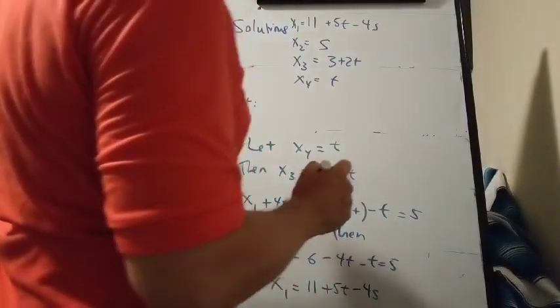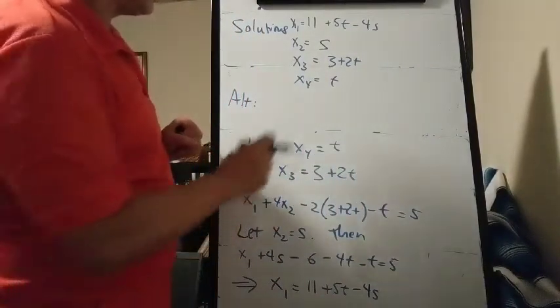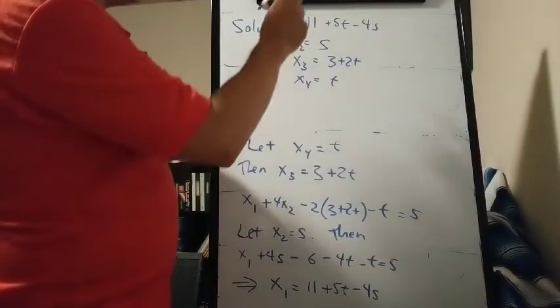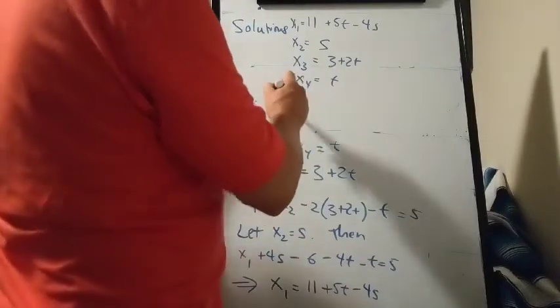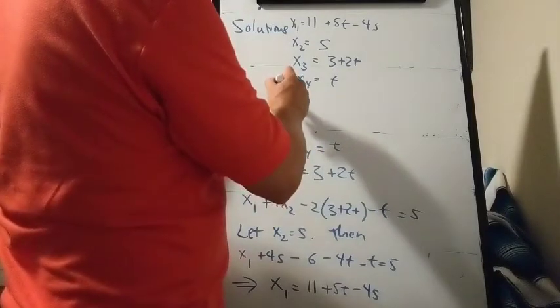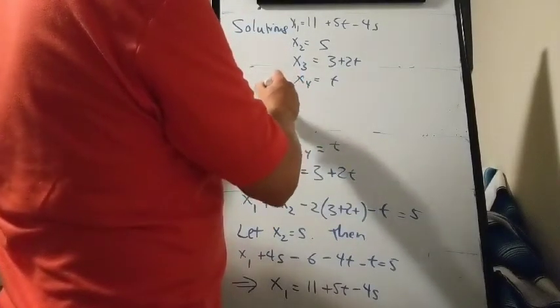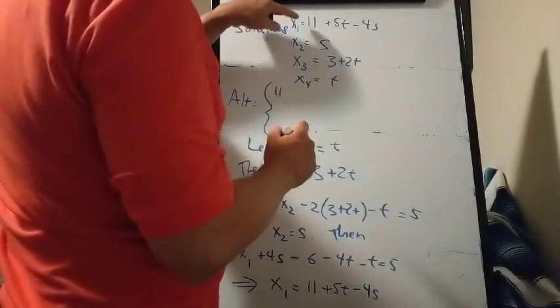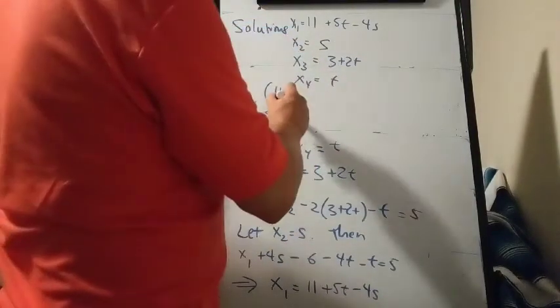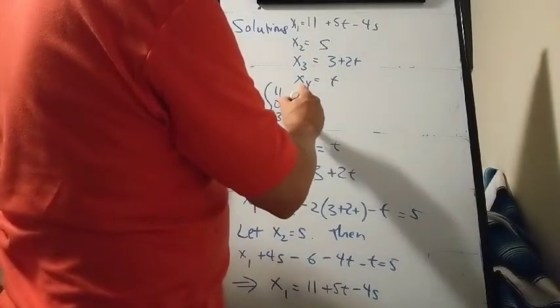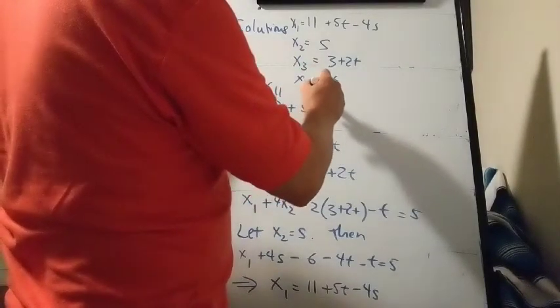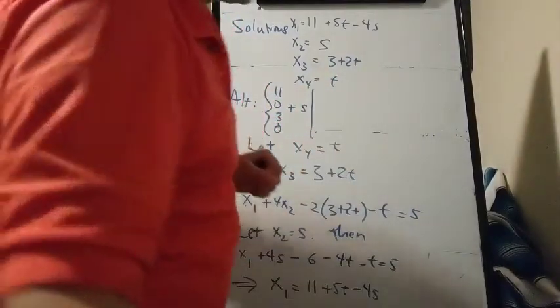Another way of writing this is we could separate out all the constants, all the s's and all the t's. We've got a constant of 11 here. And then 0 and then 3 and 0. And then s, what are all the coefficients of s?